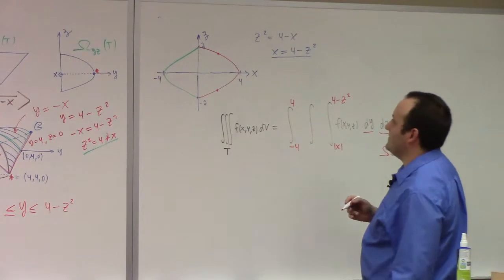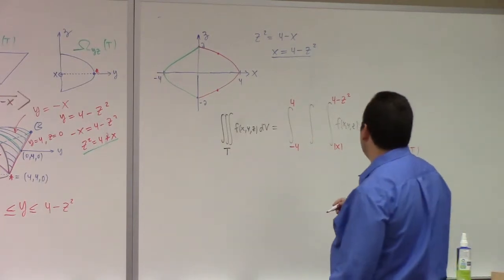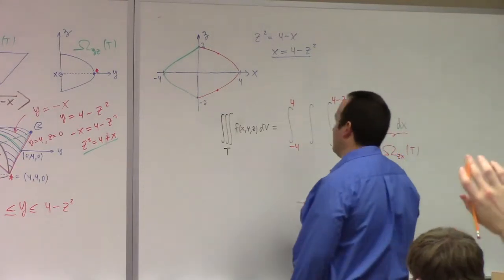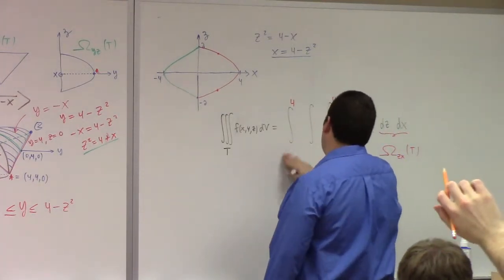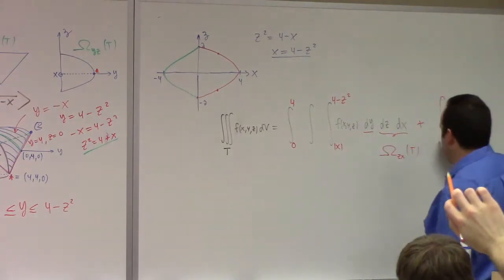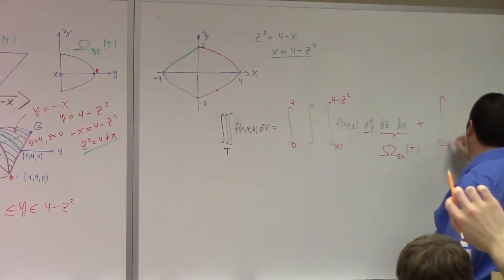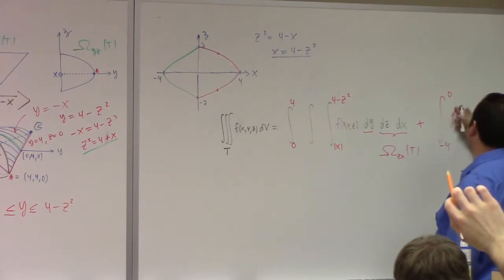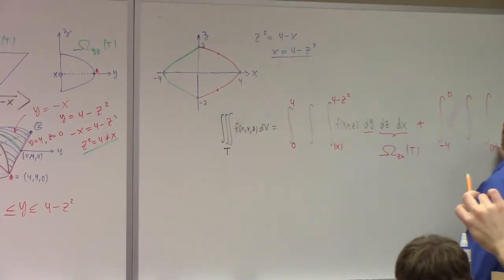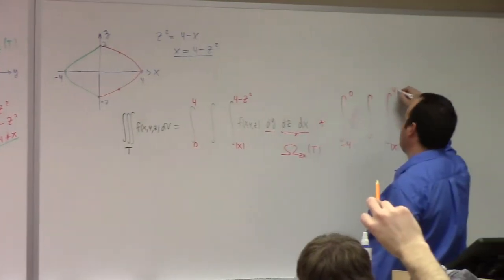Now you guys have caused me problems. This is an unfortunate event. We have to do 0 to 4 plus the integral from minus 4 to 0. It's good that this happened. See why we have to do this?